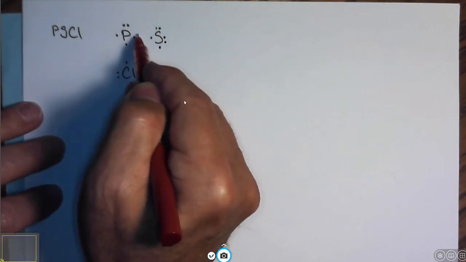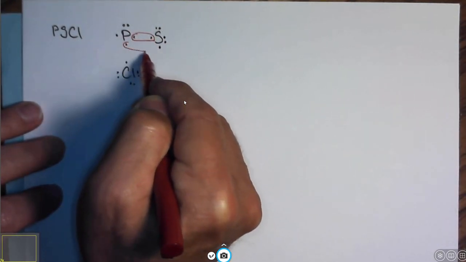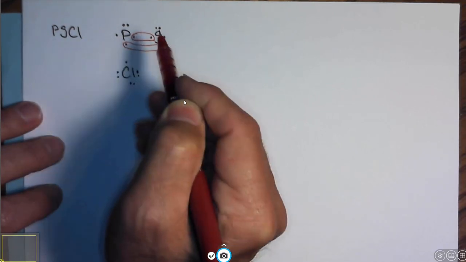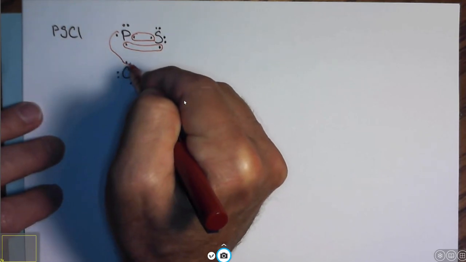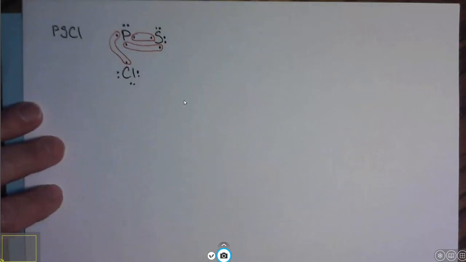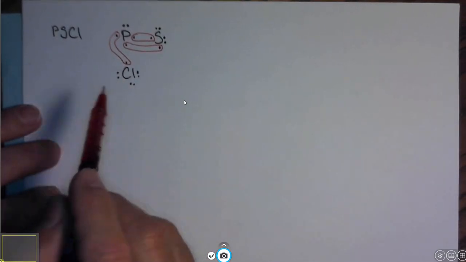I already know, because I've done this enough times to see ahead, that I have to share twice between the phosphorus and the sulfur, and I have to share once with the chlorine. And that will give all these atoms 8 electrons.